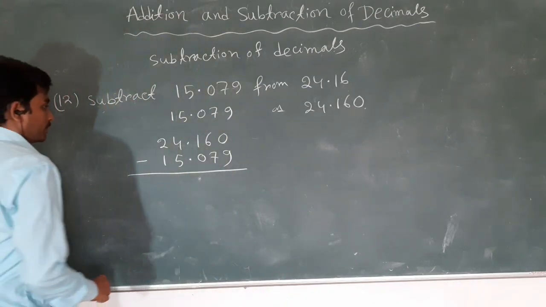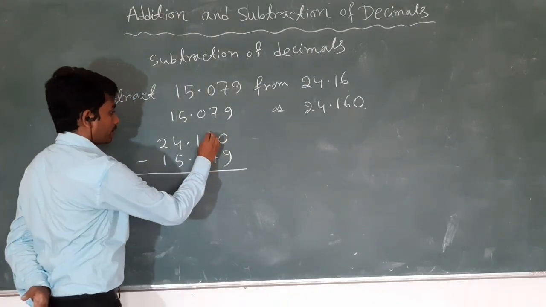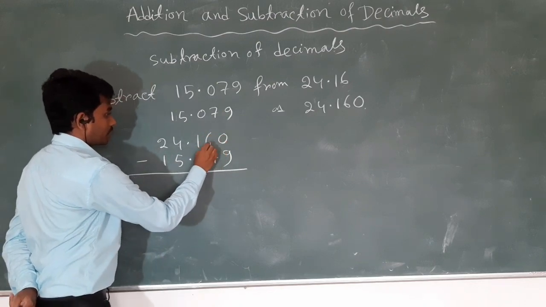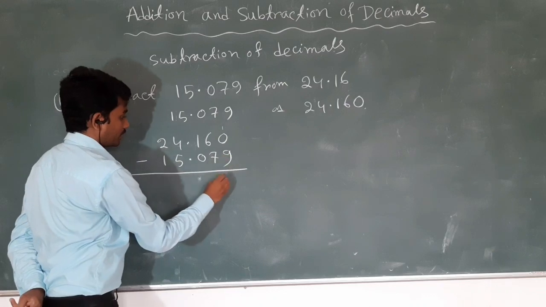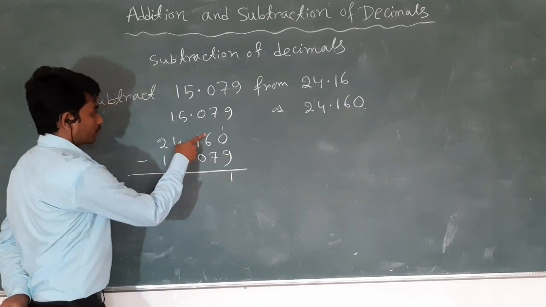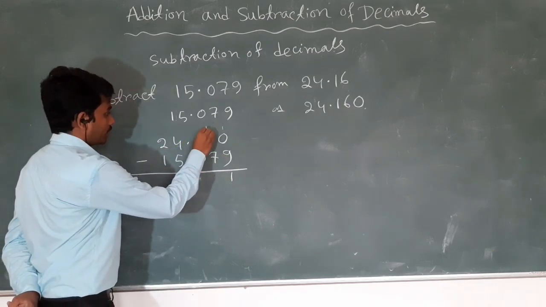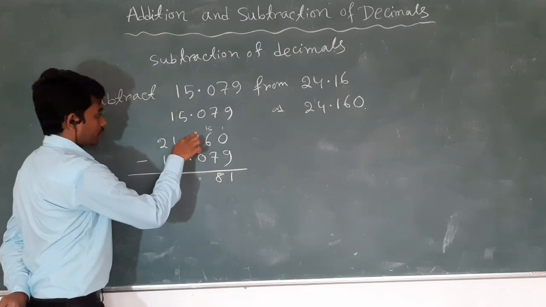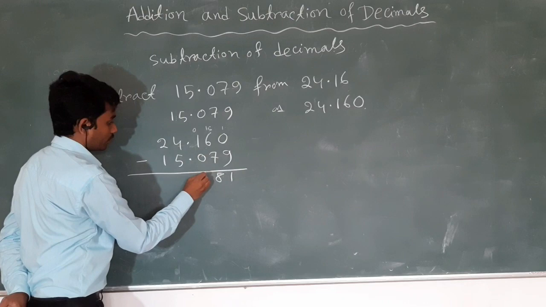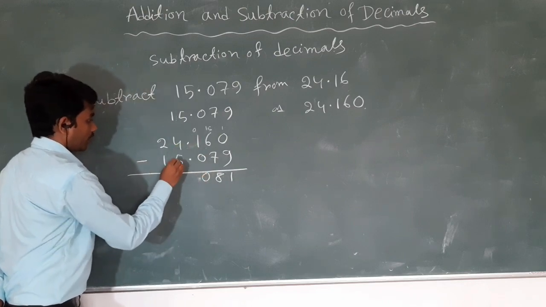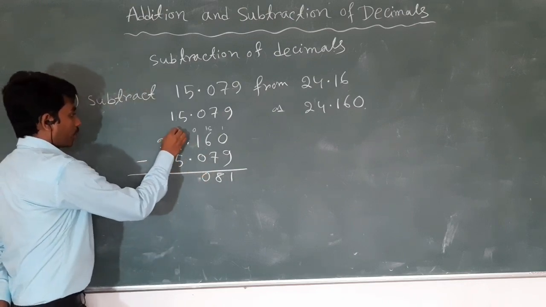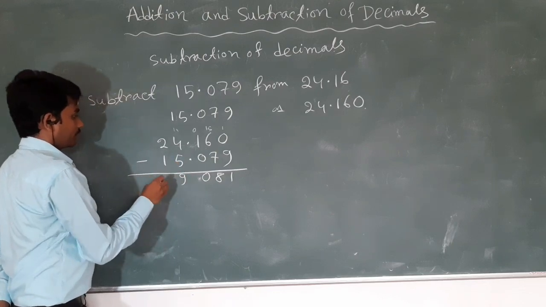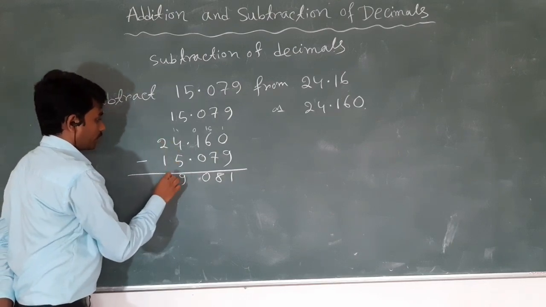So 10 minus 9 is equal to 1. So 5 carry 1, 15. 15 minus 7, 8. So 0 minus 0, 0. And 14 minus 5, 9. 1 minus 1, 0.